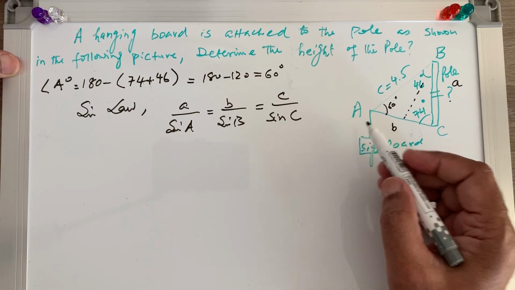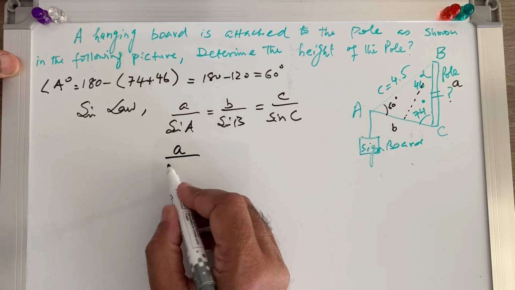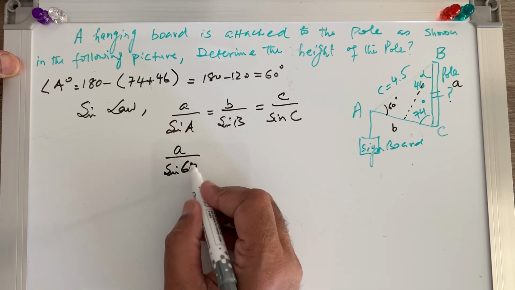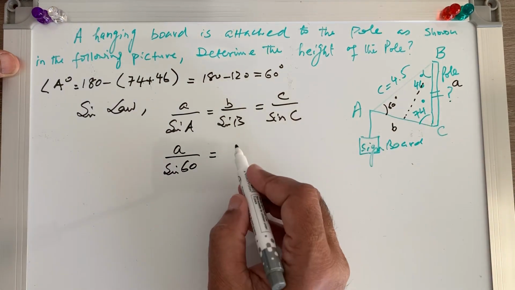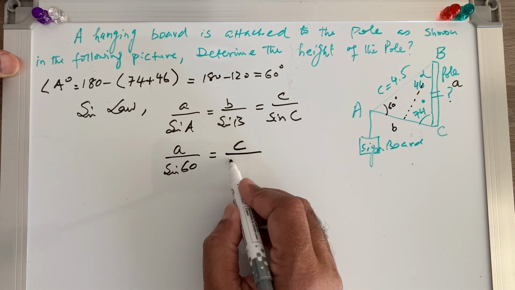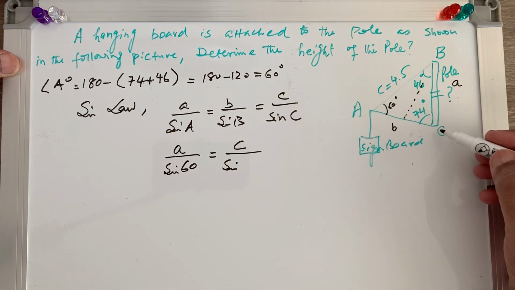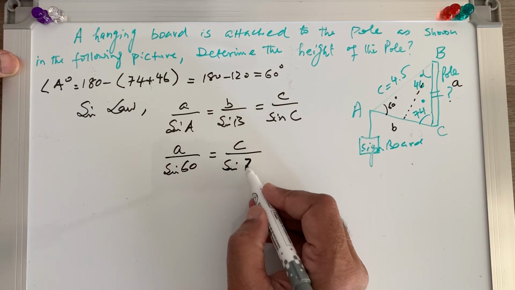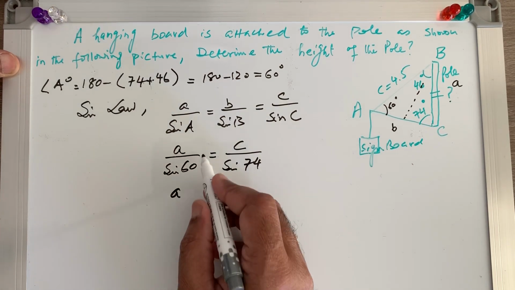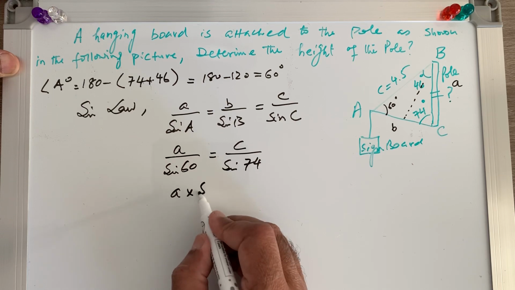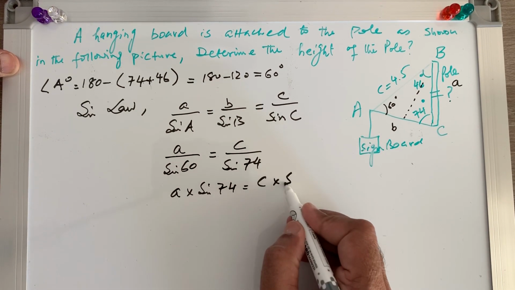So sine law is a over sine A. My a is unknown, over sine A, which is 60, equals c over sine C. C is this side, and sine C is 74. So you can cross multiply: a times sine 74 equals c times sine 60.